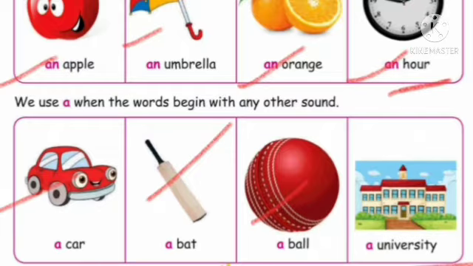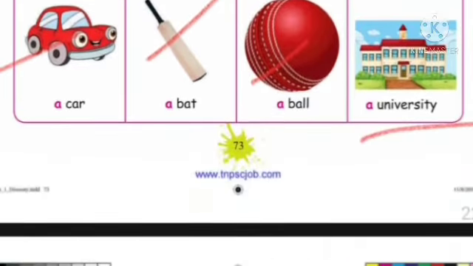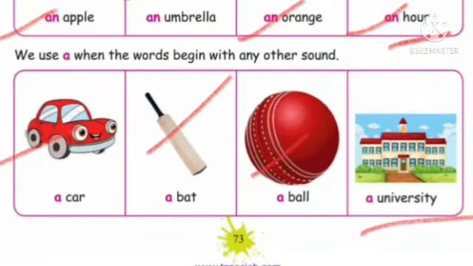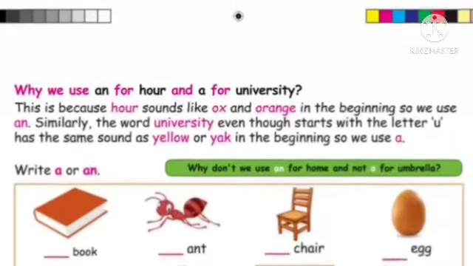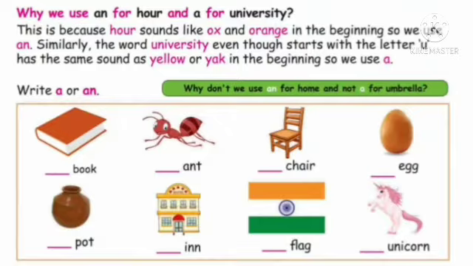Okay, what is the rule of vowels? It means they should produce a vowel sound. So the letter U is producing ya sound, yellow, yet. That's why we are using a here. So it is not producing a vowel sound. This is why we are using an for or and a for university.